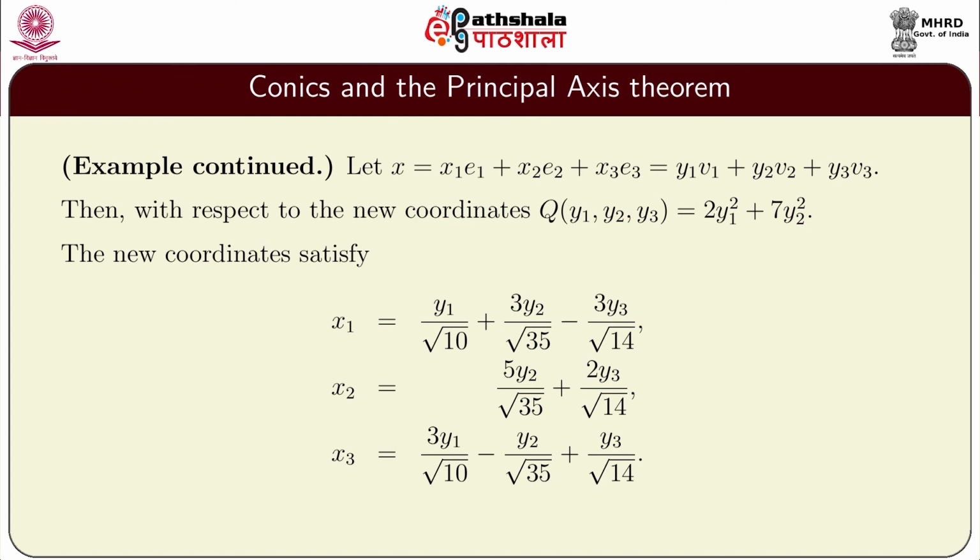That is clear, because these are the non-zero eigenvalues, and therefore, if we apply P^T A P, then this is the expression that we get. And it is also clear that the new coordinates satisfy these relations: x1 is y1/√10 + 3y2/√35 - 3y3/√14, x2 is 5y2/√35 + 2y3/√14, and x3 is 3y1/√10 - y2/√35 + y3/√14.